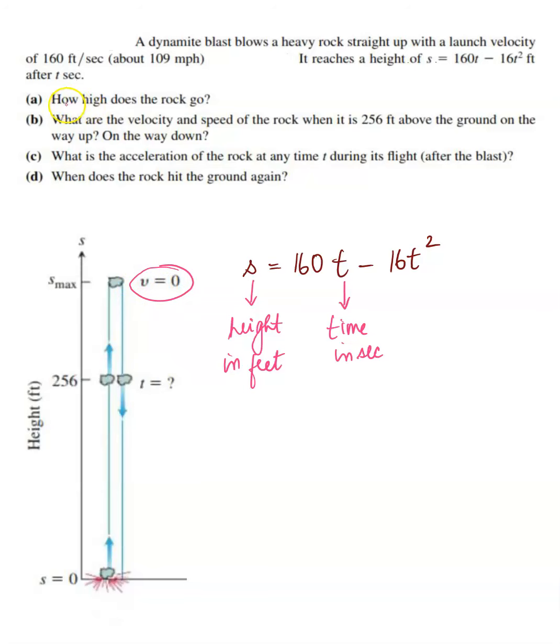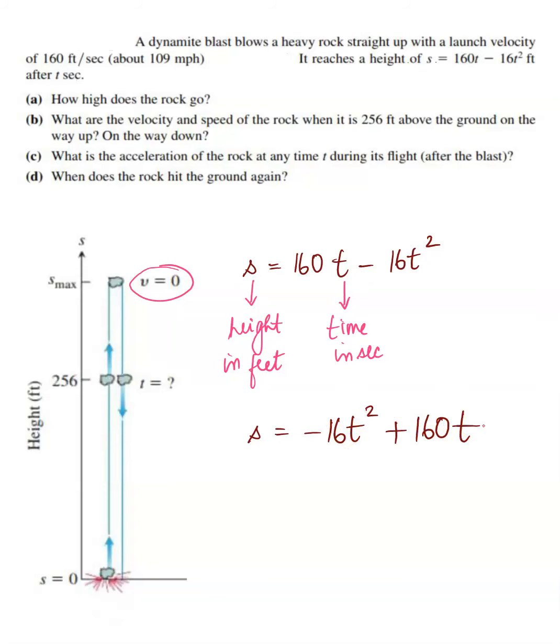Okay. Now let's go here. It says, A, how high does the rock go? So there are two ways to look at this. So this is how you draw the graph. But if you look at the equation given to us for the height in feet, it's a quadratic equation. And if you were to rearrange this, you have negative 16t squared plus 160t.